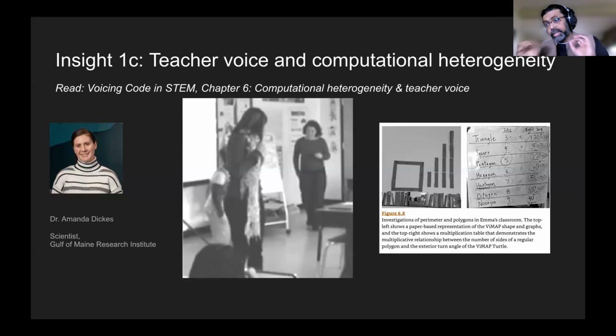But we did do another interesting analysis of the amount of time that the teacher would spend on the computer and outside the computer trying to teach what would still be called computational modeling or coding. 35% was on the computer, 65% was outside the computer, where the teacher would unfold and animate these activities.